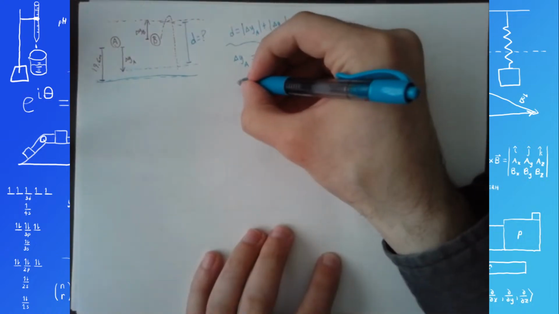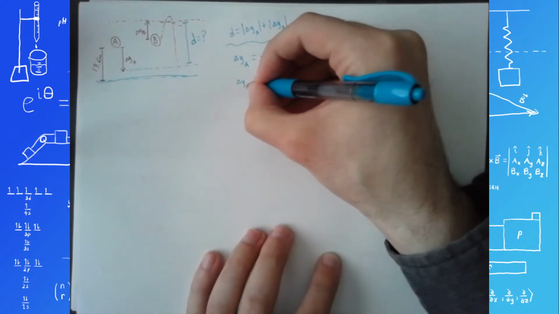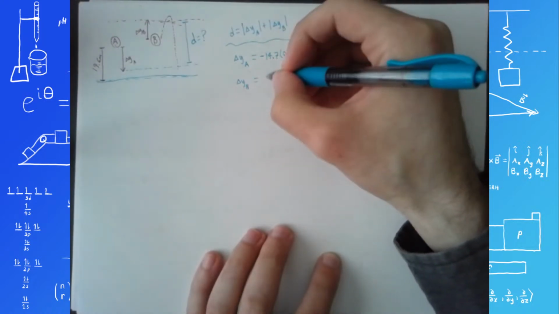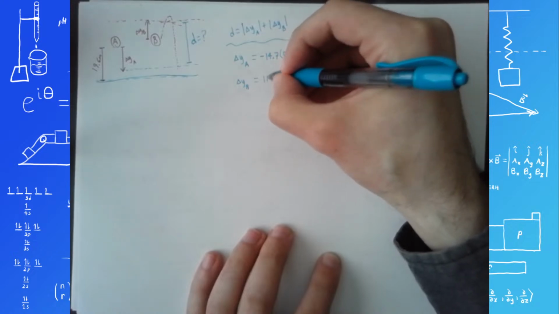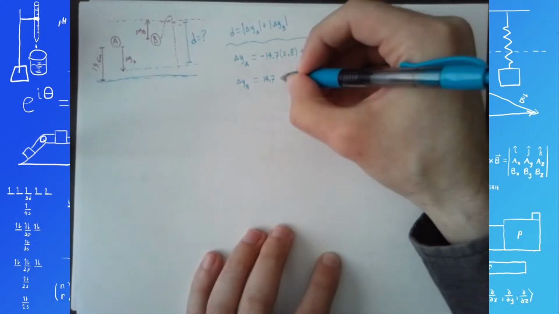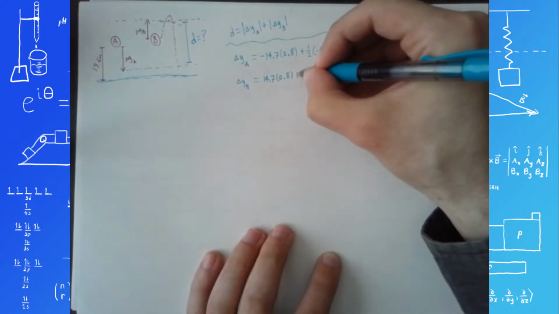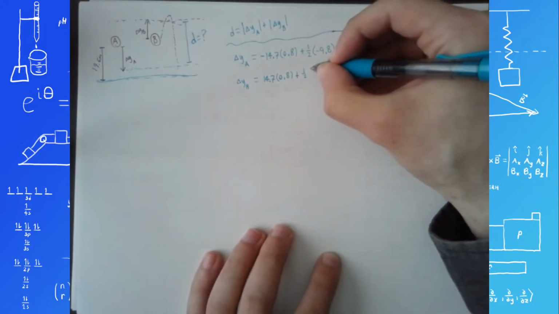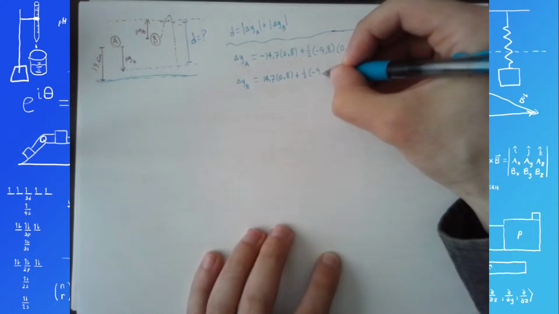And delta YB will be defined similarly. Delta YB, it starts with positive 14.7 for its initial velocity, and then for 0.8 seconds, and then everything else is the same between the two balls.